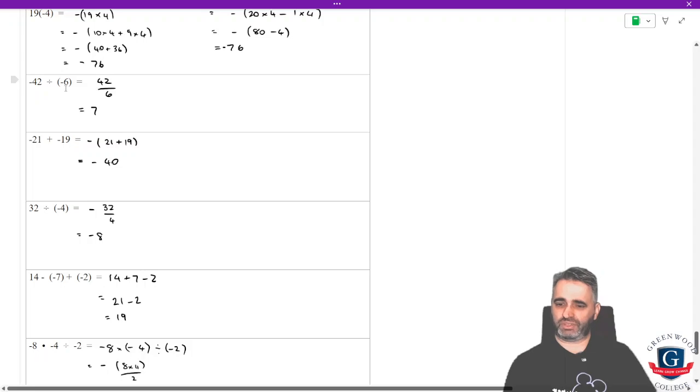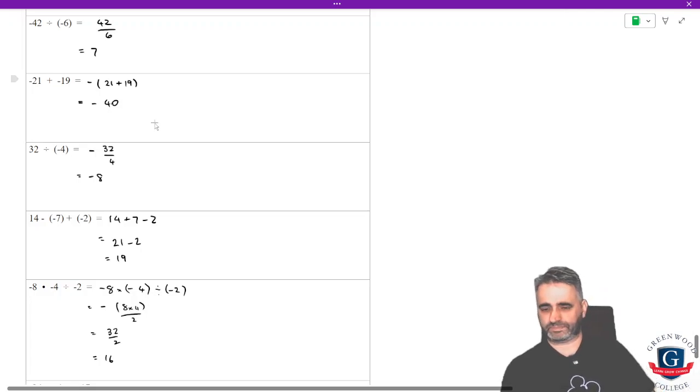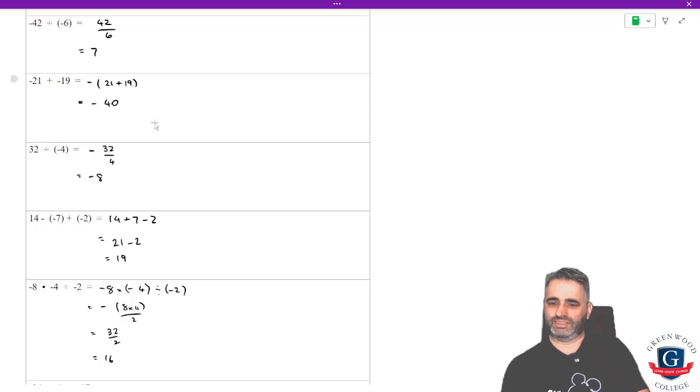Minus 45 divided by minus 6, minus divided by minus is positive. 42 divided by 6, 7 sixes are 42, the answer is 7. Minus 21 plus minus 19, plus minus becomes minus. Don't know why I've got plus there, let's fix that up. Oh, I know why, because I've done 2 steps at once.